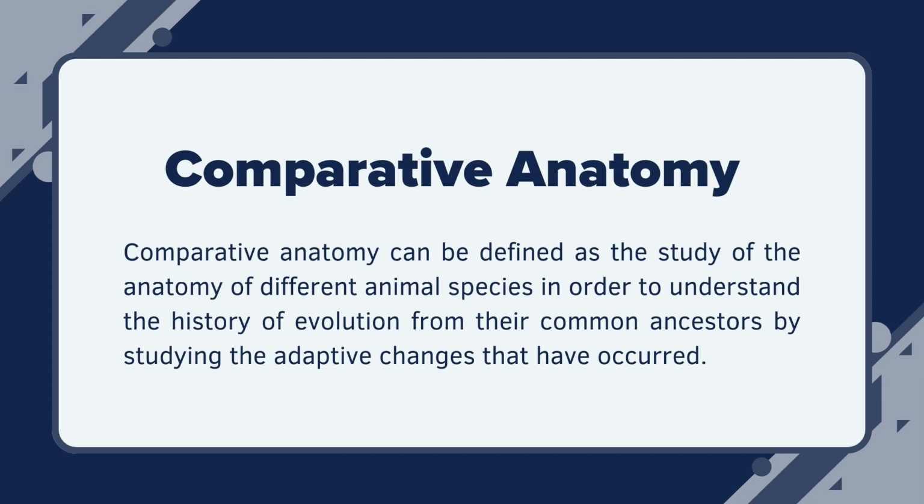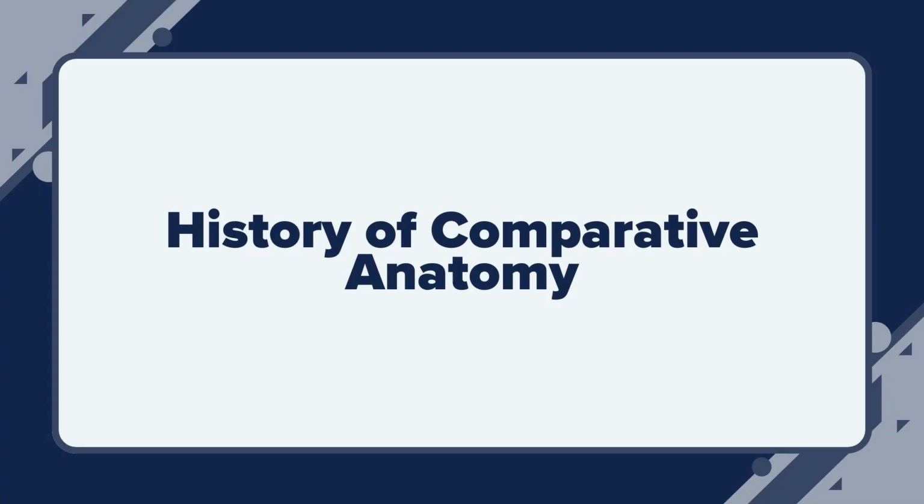It explains that many organisms have the same ancestors and many different organisms evolve as a result of natural selection or genetic drift. Two types of comparative anatomy were observed, namely homologous organs and analogous organs. But we'll tackle that later, after we get a glimpse of comparative anatomy's history.